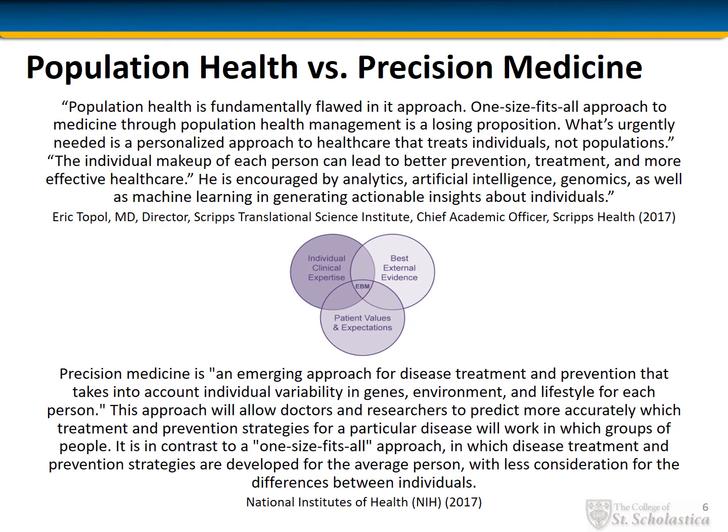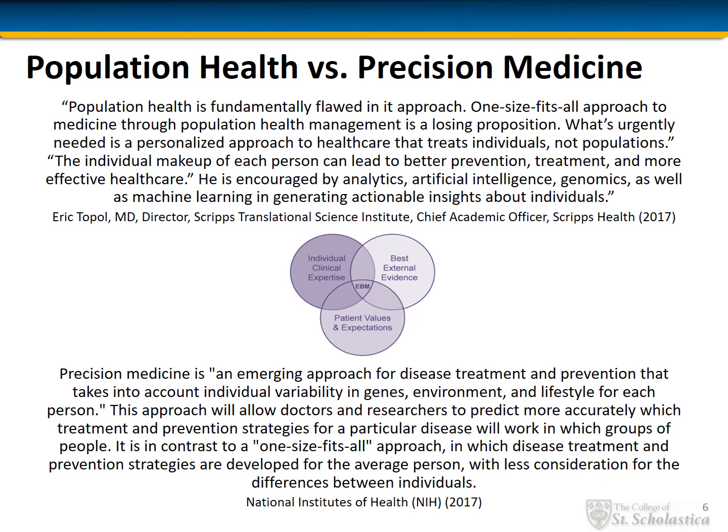In this discussion, I'm reminded of the discussions we've had on ethical decision making in Unit 2 and the evidence-based medicine triad reproduced here in Unit 4. That individual clinical expertise, best external evidence, and patient values and expectations come together as evidence-based medicine.